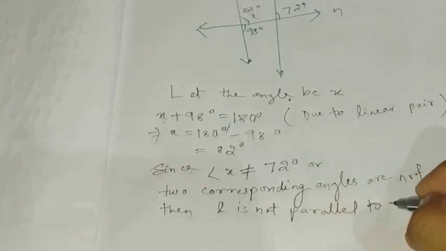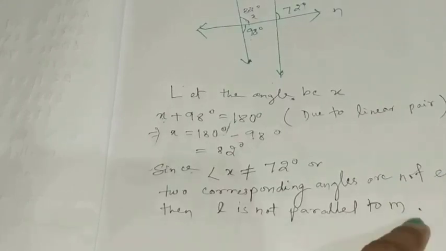Line L is not parallel to line M. So L is not parallel to M. So here also L is not parallel.